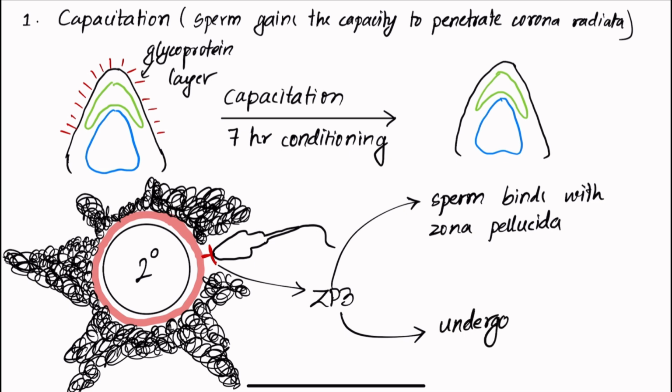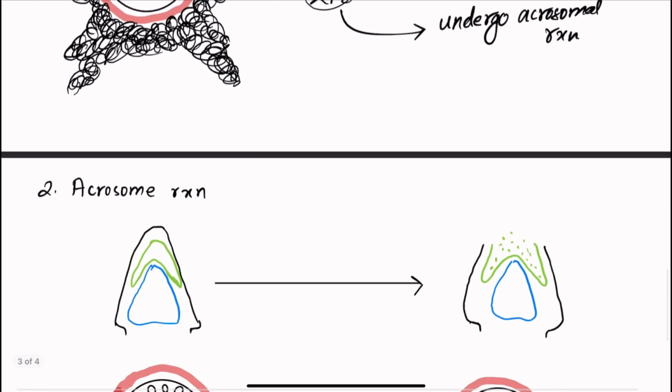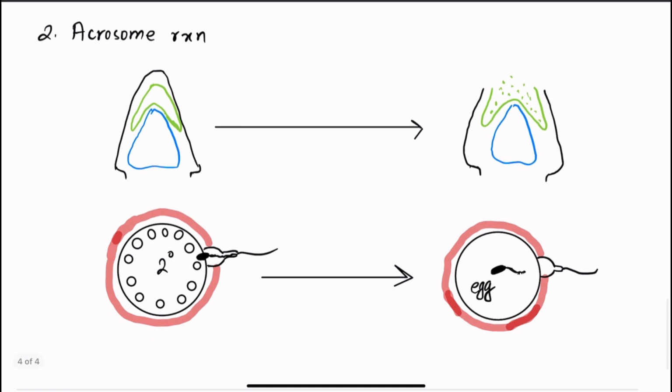So until the head of the sperm attaches with the zona pellucida protein, it can't undergo acrosomal reaction. For the sperm to undergo acrosomal reaction, it has to first get attached with the ZP3 protein.